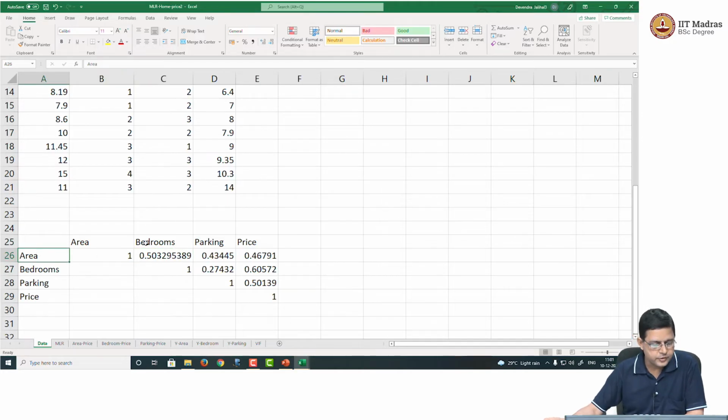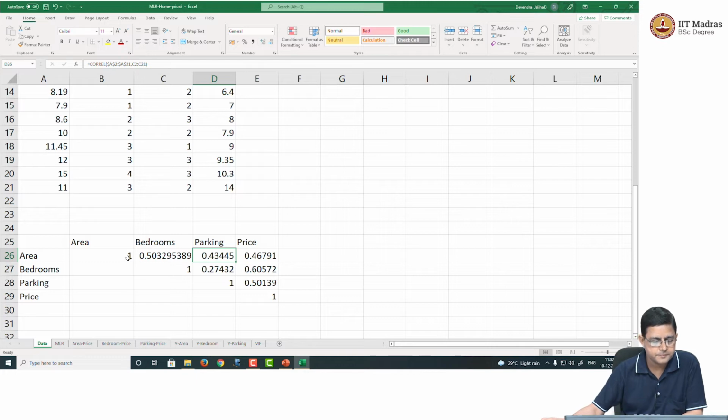As the area goes up, it is quite likely that the builder will be able to provide more number of bedrooms. So there is a fairly strong positive correlation between the area of the apartment and the number of bedrooms offered in the apartment. There also seems to be a positive association between the area and the parking lot, 0.43.